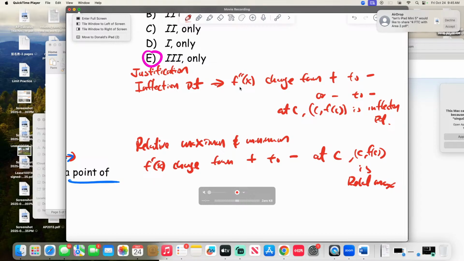Vice versa, from negative to positive at C, then it is a relative min.